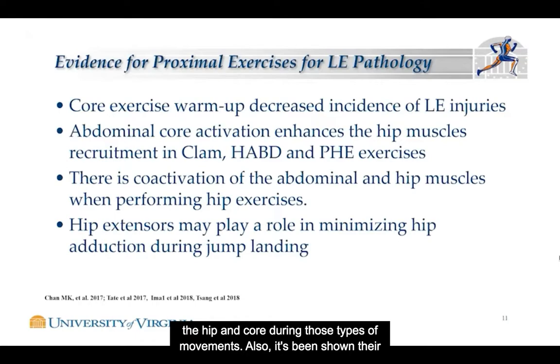Also, it's been shown that core warm-up has decreased the incidence of lower extremity injuries. Abdominal core activation enhances hip muscle recruitment in the clamshell, the hip abduction, and the prone hip extension exercises. There's co-activation of abdominal and hip muscles when performing hip exercises, and hip extensions may play a role in minimizing hip abduction during jump landing.